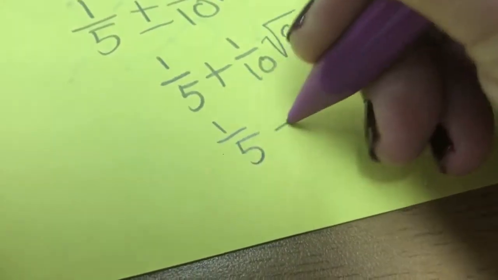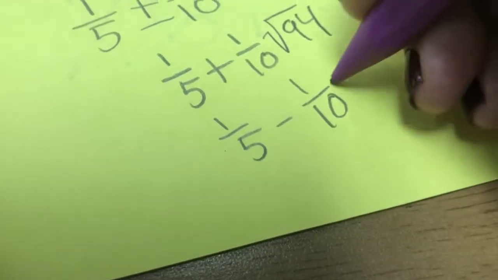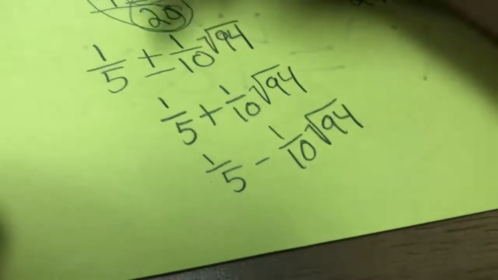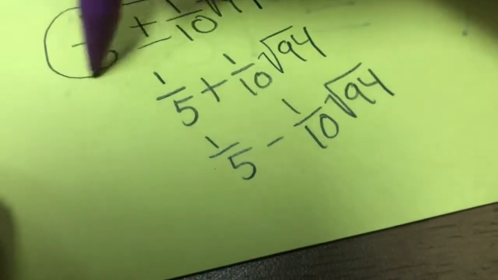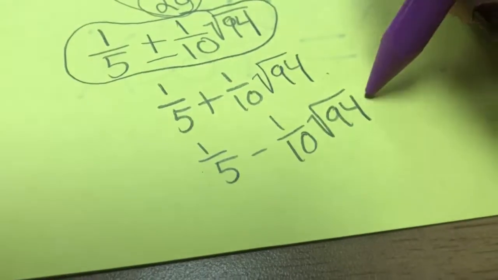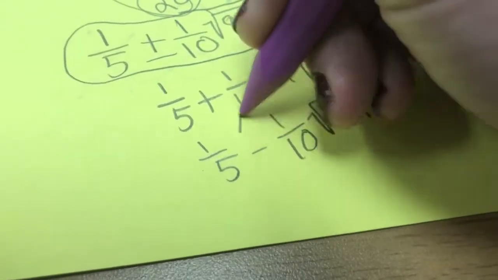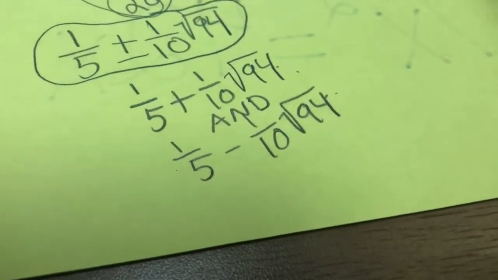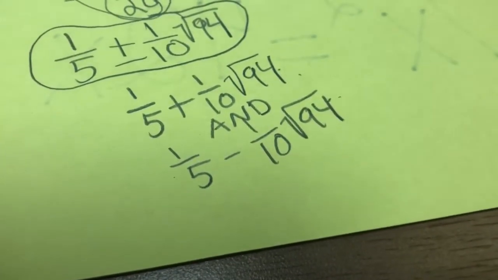We also have 1/5 subtract 1/10 times the square root of 94. So you can either write this whole answer with a plus or minus, or you could write both of these.